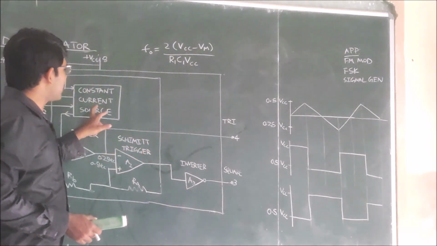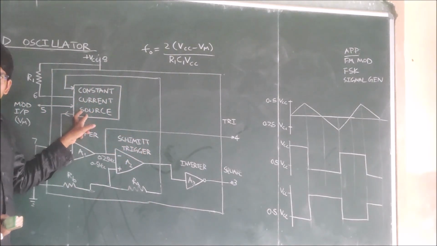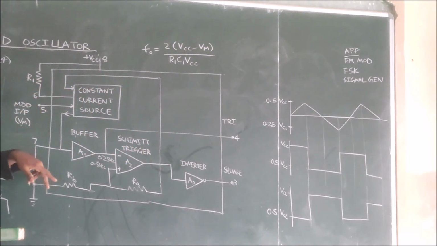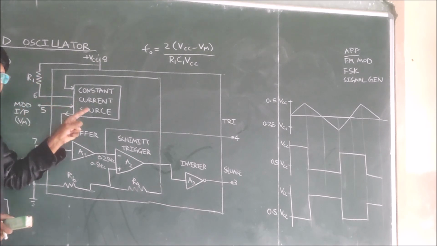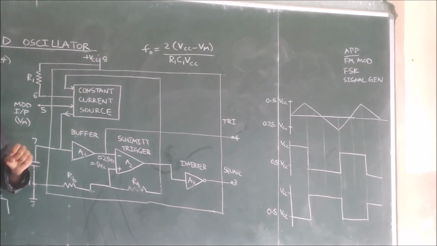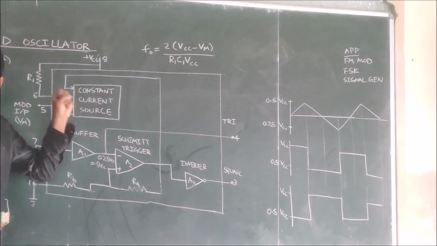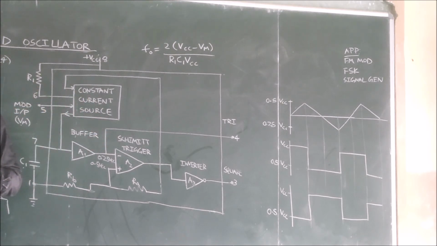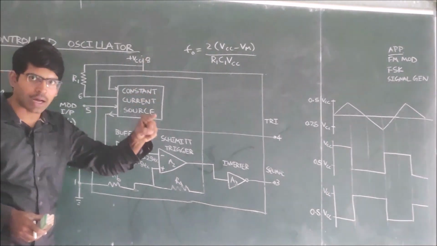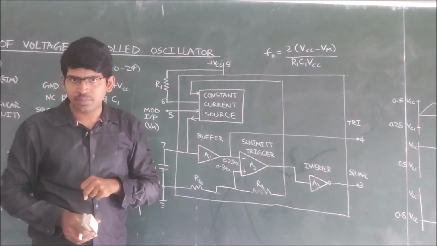This constant current source can be controlled by using an external resistor R1 and also a modulated input VM. By using these two factors, we can control the current in the constant current source.